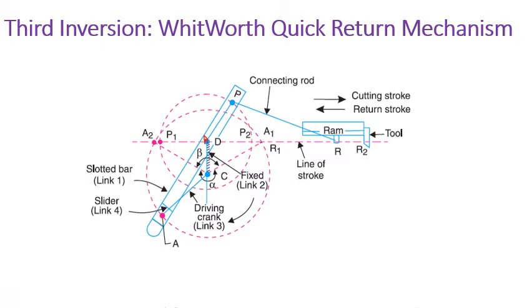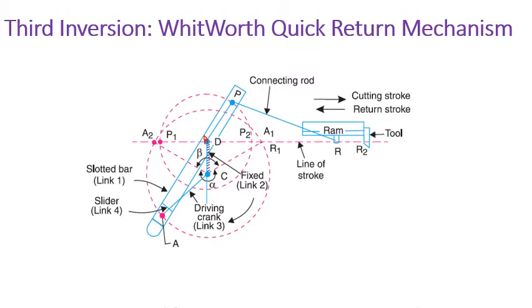Thus the angle turned by the driving crank is alpha for the cutting stroke and beta for the return stroke.